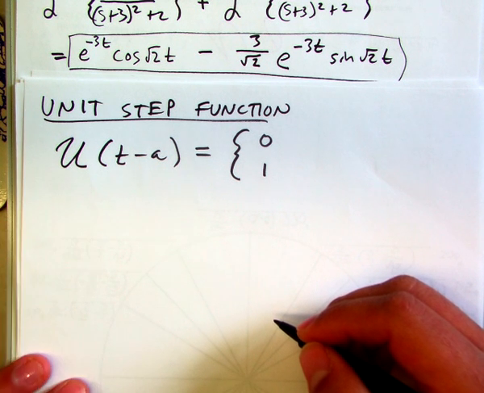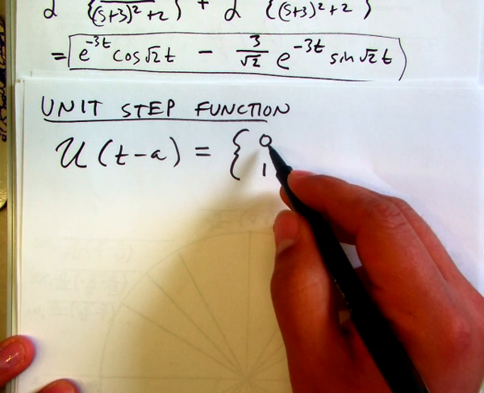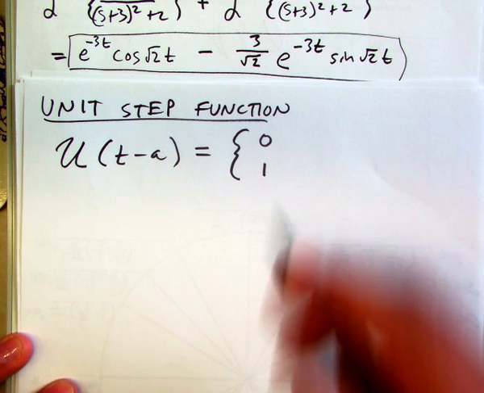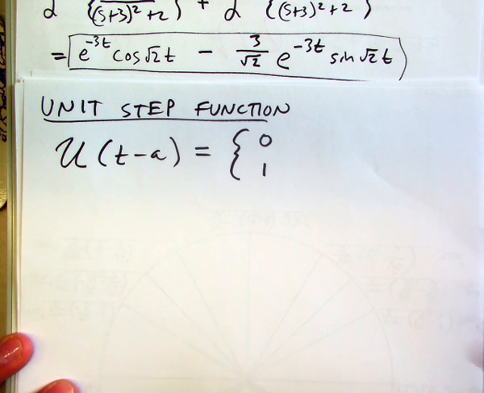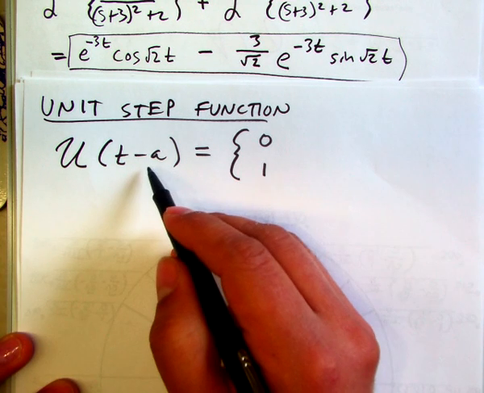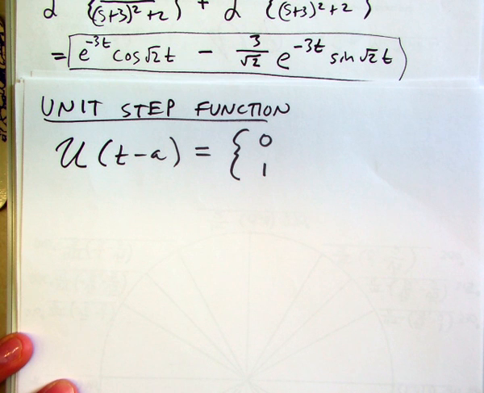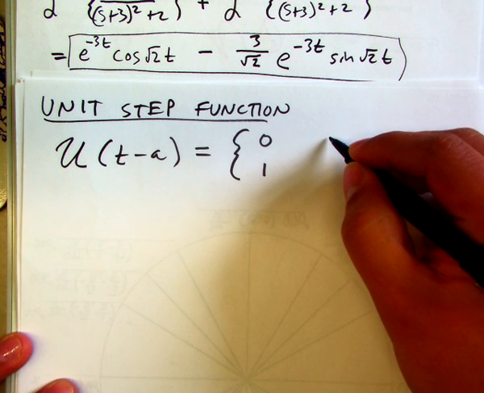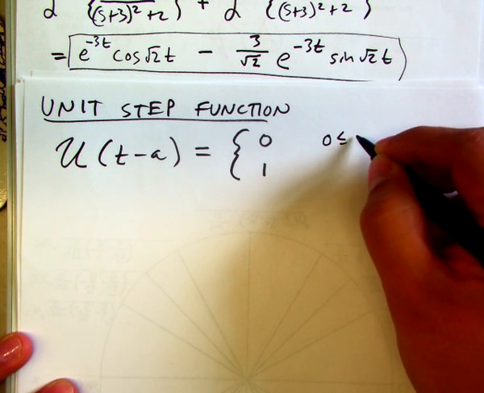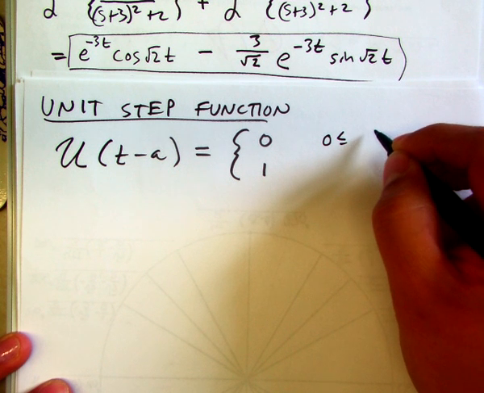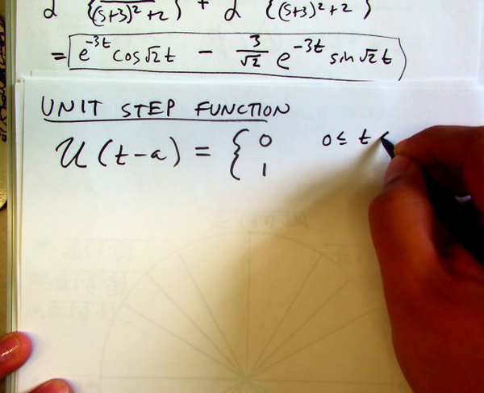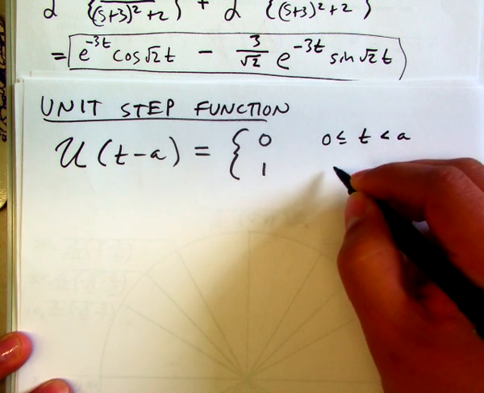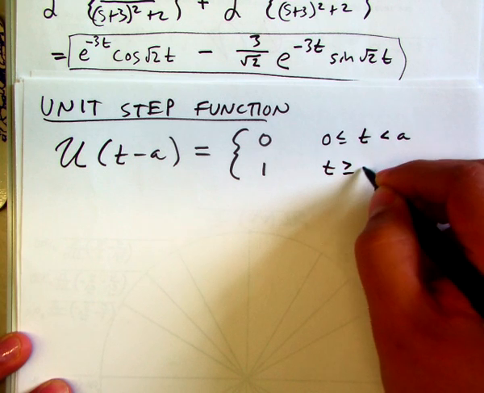Okay? 0 means it's off. 1 means that it's on. Does that make sense? And this a value indicates where the switch gets turned on. So we're going to say it's off from 0 to a, and then starting at a, that's when we turn this guy on.